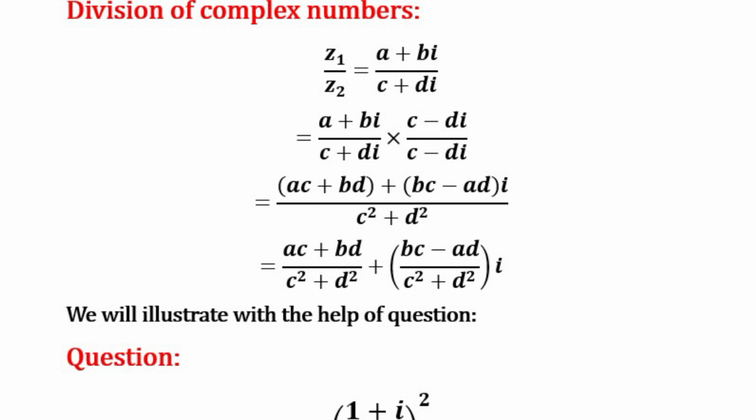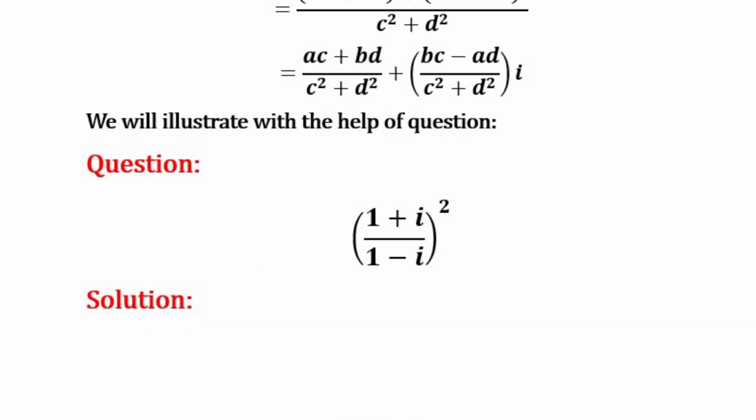So we will separate real and imaginary parts. We will get (ac plus bd) over (c square plus d square) plus (bc minus ad) over (c square plus d square) into iota.